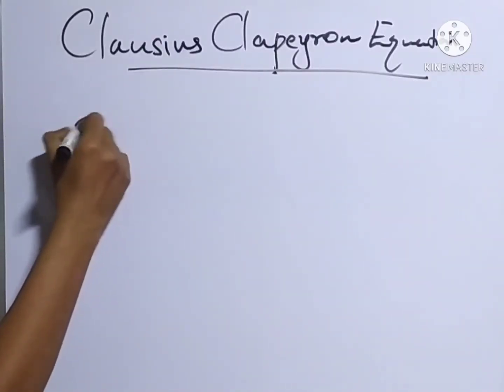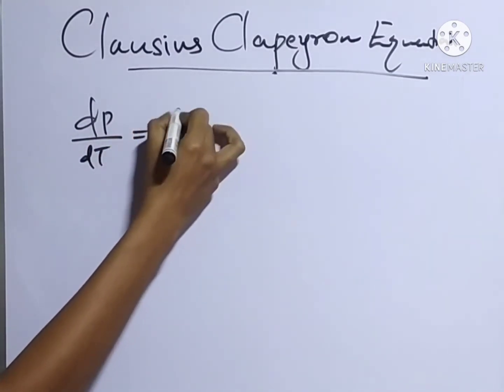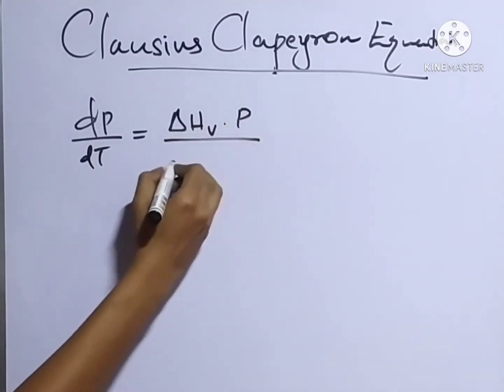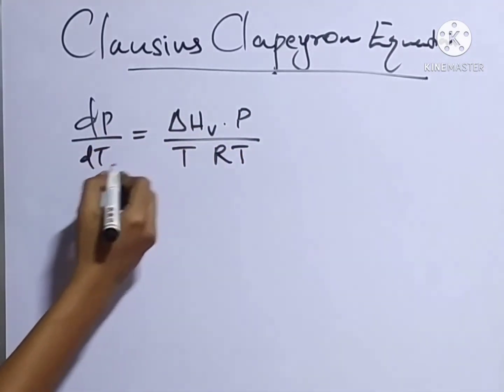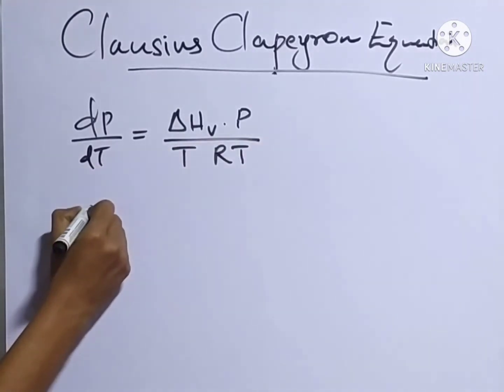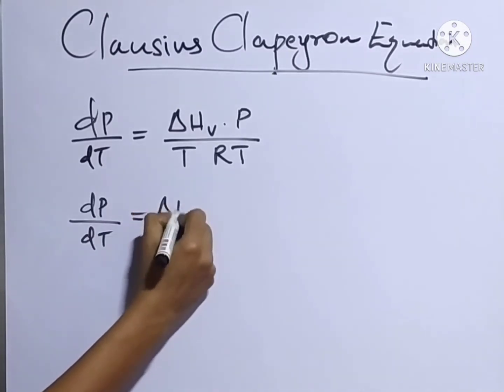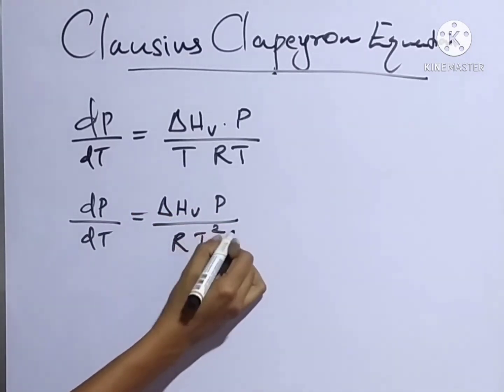Now we have dP/dT = ΔHv P / (RT), or we can write it as dP/dT = ΔHv P / RT².